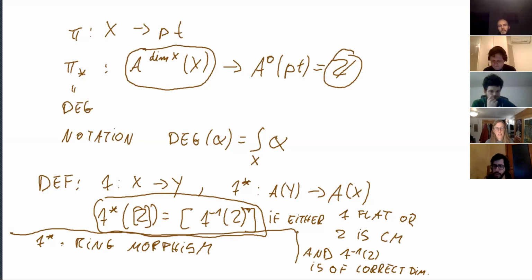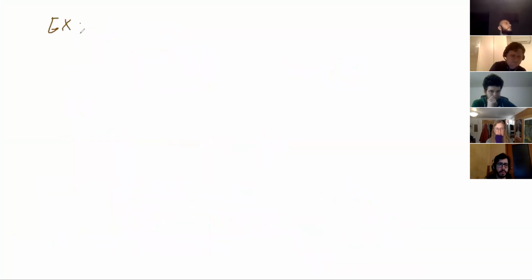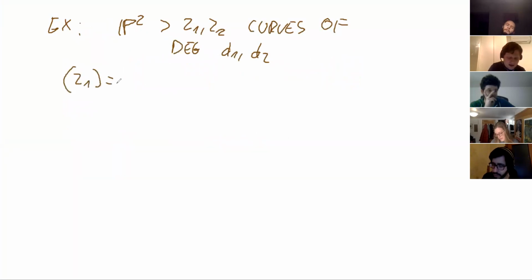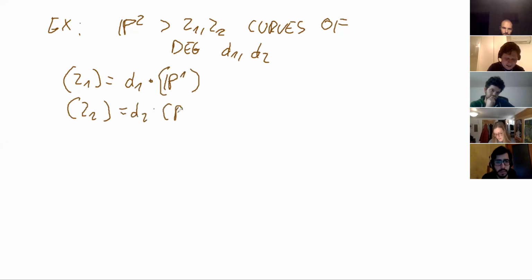Okay. I will finish this part with an example. So consider two curves Z1 and Z2 in P2 of degree D1 and D2. Well, this means that the class of Z1 is D1 times the class of P1, and the class of Z2 is D2 times the class of P1. Now, what happens if we intersect them? So we multiply the classes.